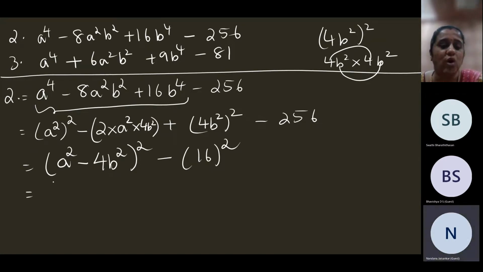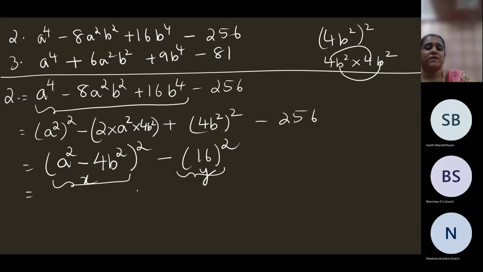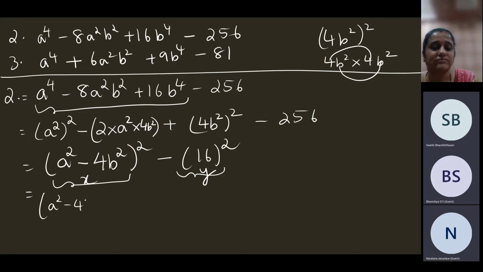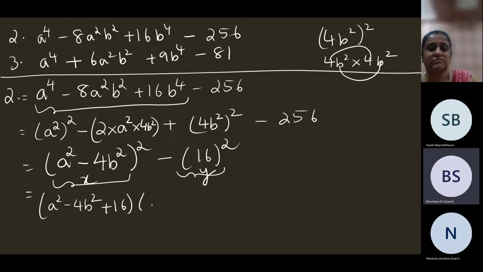Now this is of the form x square minus y square. What is x square minus y square? x plus y into x minus y. So what is x? A square minus 4b square plus 16, and a square minus 4b square minus 16.